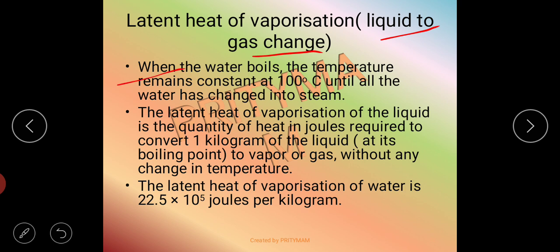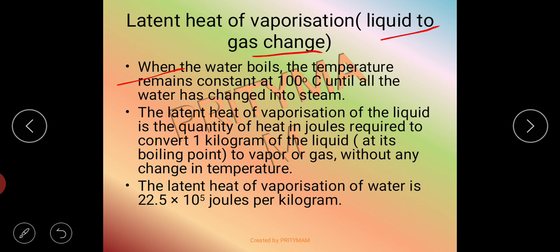At the temperature of 100 degrees Celsius, water boils and starts changing into steam. As more heat is given to the water, more steam is formed, but the thermometer reading remains the same at 100 degrees Celsius, showing that there is no rise in the temperature during the boiling of water.